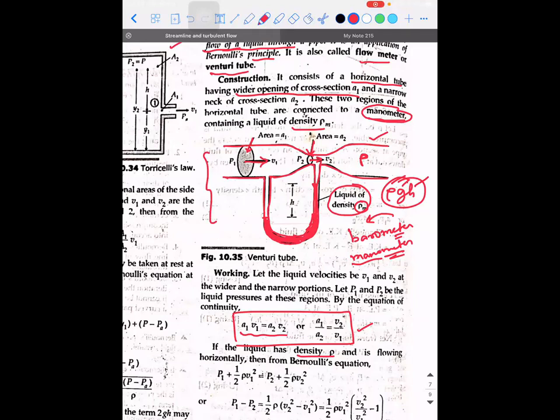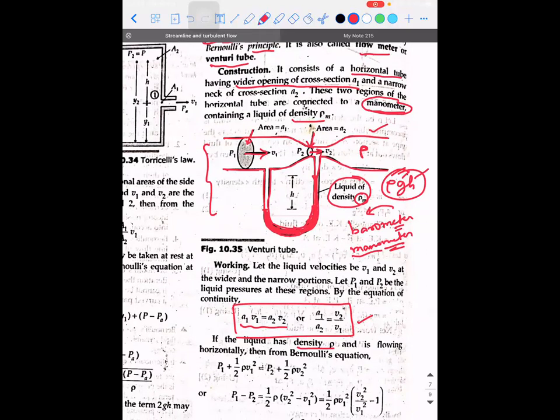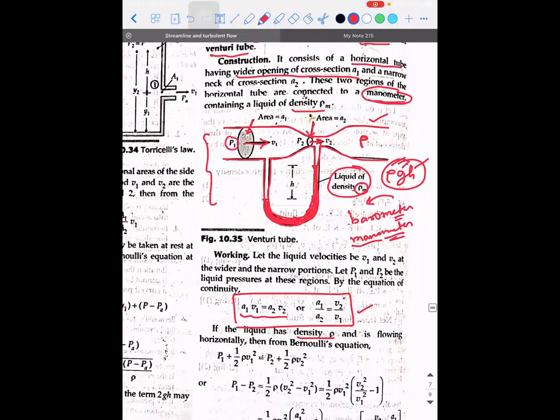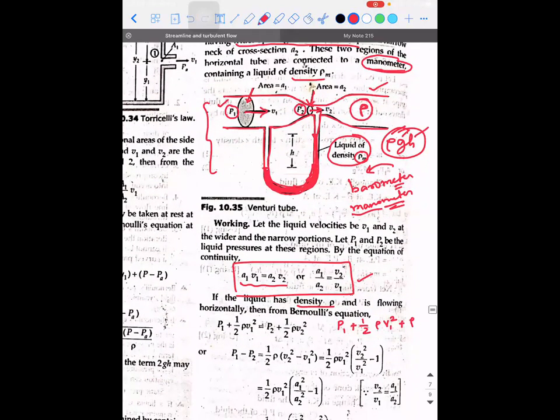Okay. Then from Bernoulli's theorem, what can we understand? There are 2 points needed, right? So P1 and P2. Can I say pressure at point 1 plus half rho V1 square plus, look at the way I'm going to write, P1 plus half rho V1 square plus density of the liquid flowing through the tube into g into height of the liquid from the bottom.